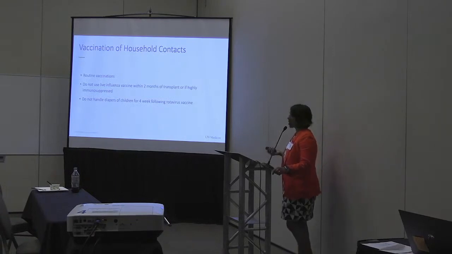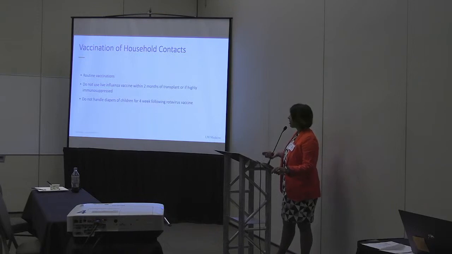So when we talk to our immunocompromised patients, we ask about who's in the household. Have they got their routine vaccinations? But there are also some other things that you want to make sure of. Want to make sure that they haven't had a live influenza vaccine, although the rates of getting disease from that are quite low, that they don't have that circulating around within 2 months of transplant, or if they're highly immunosuppressed post-transplant, just because of the risk of getting vaccine-derived disease.